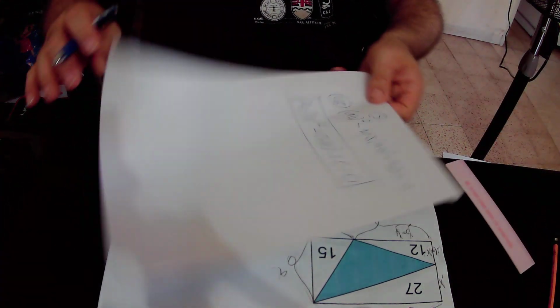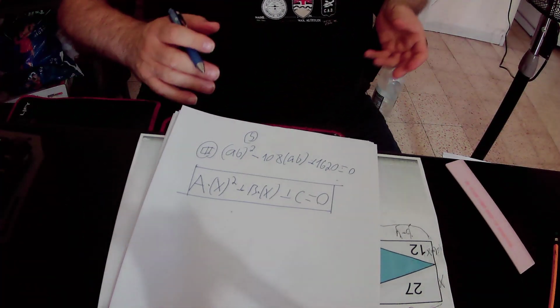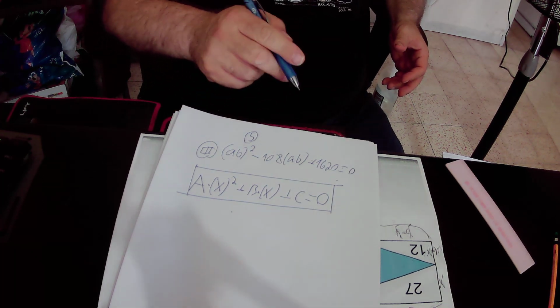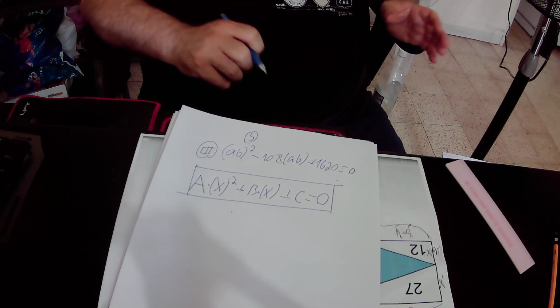Okay, so this is the general form of a quadratic equation: a times x squared plus b times x plus c equals 0.